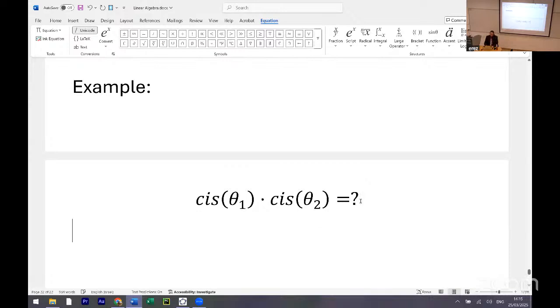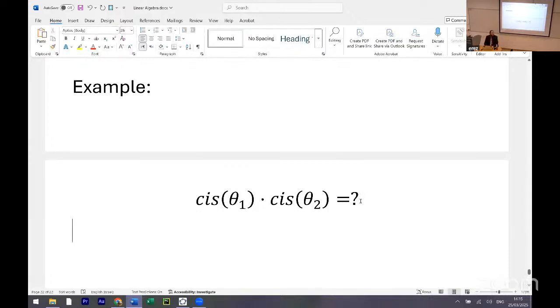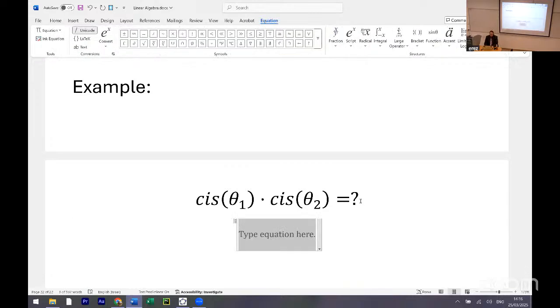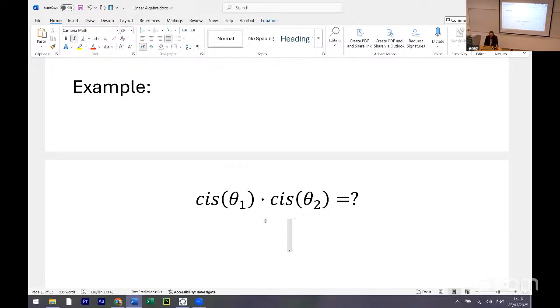And now I have to say what's the problem with the notation of e to the i theta. If I write e to the i theta 1 times, yeah, look, because you asked me why not to use this notation straight ahead, and I will show you a problem with it. The question I'm asking is, what is the multiplication of two complex numbers?